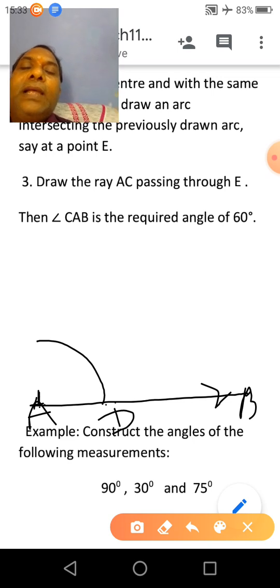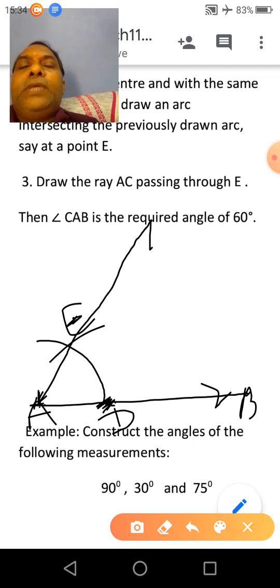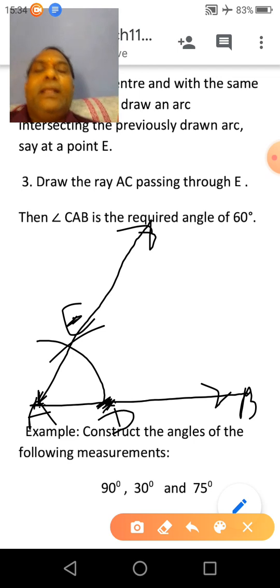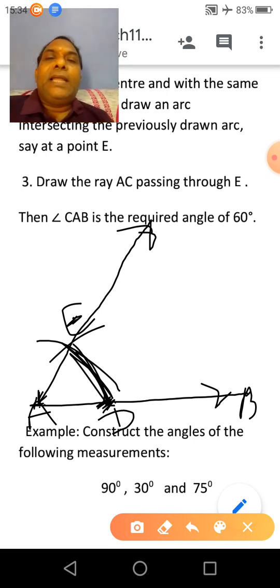Clear? And taking an arc of the same length and D as center, cut the previous arc. Clear? Which cuts the previous arc at point E. So draw a line from A to E. Draw a ray passing through the point E. So this angle will be 60 degrees. Clear, students?